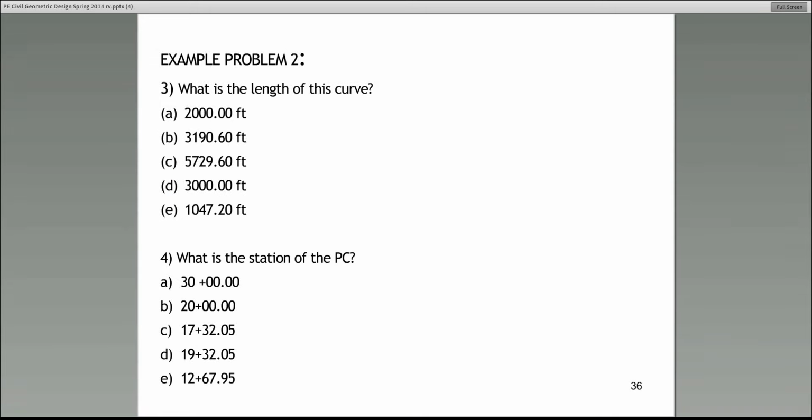Guys, let's move on. What is the length of the curve? Calculate it. Again, go to page 15, identify the correct equation, and don't make the mistake that I told you. Do not make that mistake. What's L? Come on, guys. For problem 3.